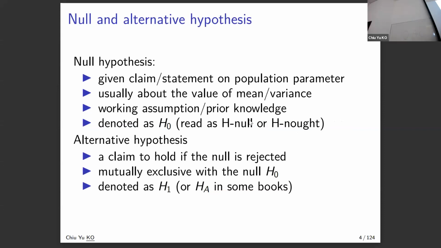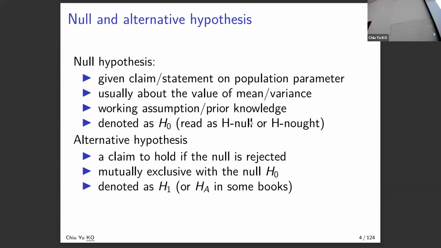So that's why in statistics, there are two important things called the null hypothesis and the alternative hypothesis. Null is the one that we will maintain, we'll keep it. We want to reject it, but this is what we maintain, and this reflects what we know. We call it H null or H naught. And the alternative is the one that the data is going to go in the direction of.